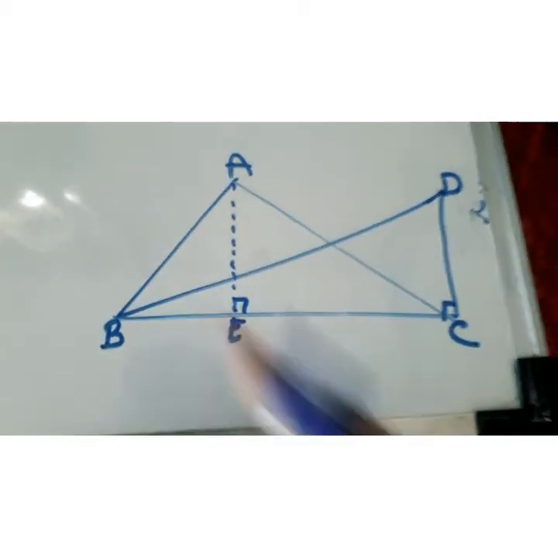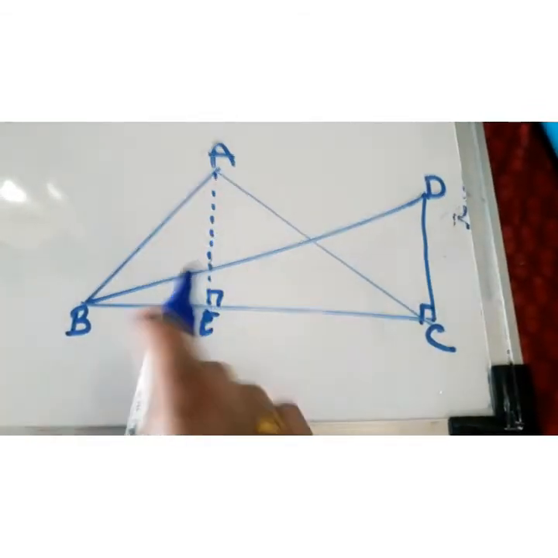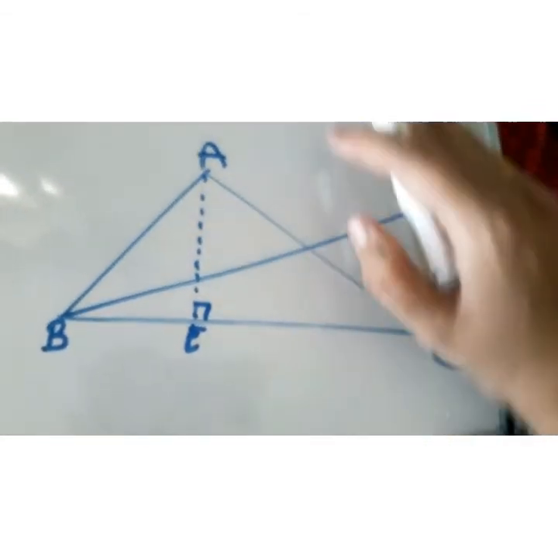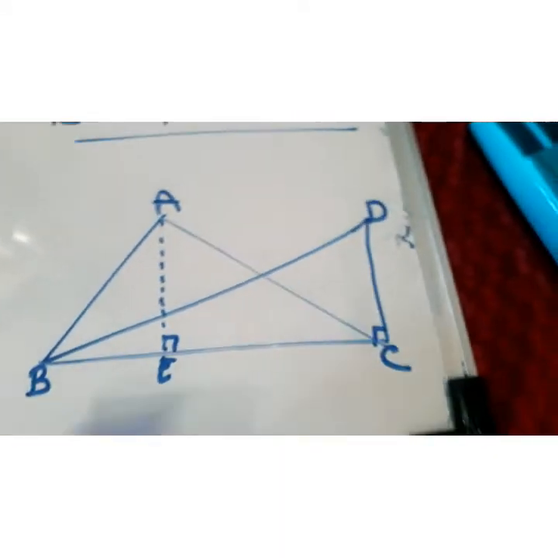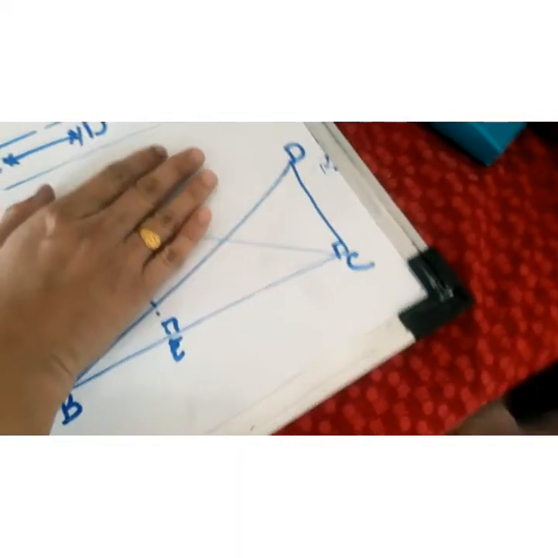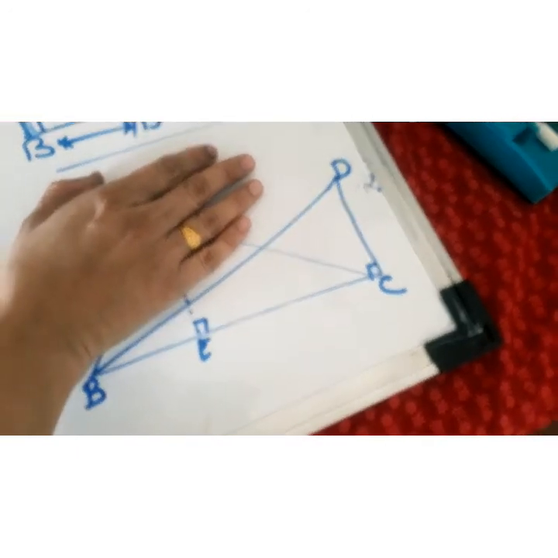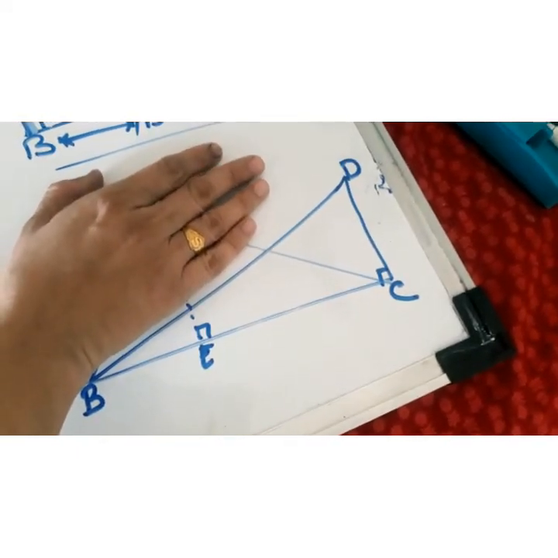So I have two triangles. In triangle ABC, the base is BC and the height is AE. The next triangle is BDC, in which DC is the height and BC is the base, so the base is common in these two triangles.